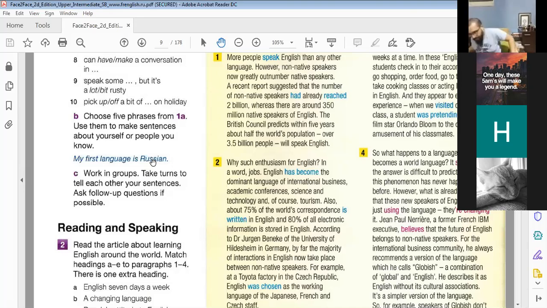I finished paragraph number 2. Okay. Anyone else? Same thing, Semyon? Me too. Okay. Hajar, have you finished paragraph 2? Yes. All right, great.